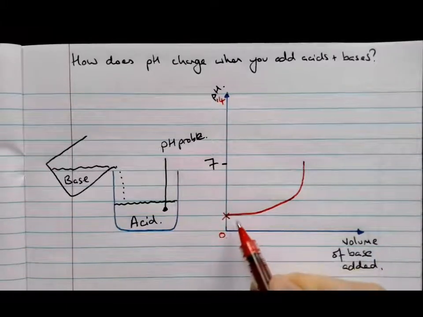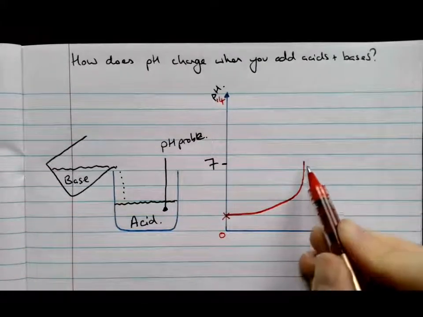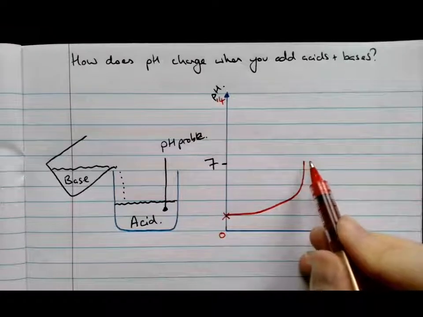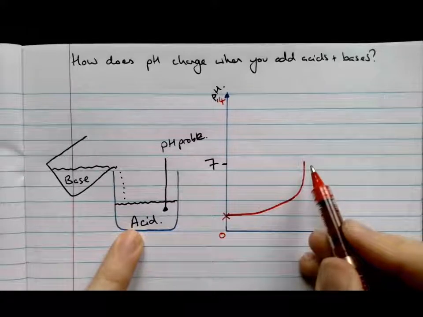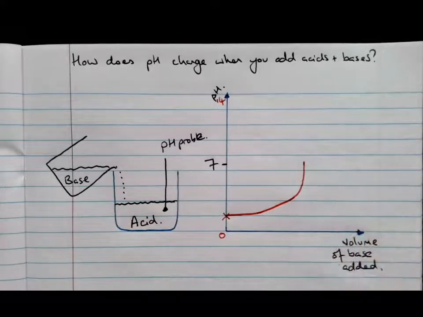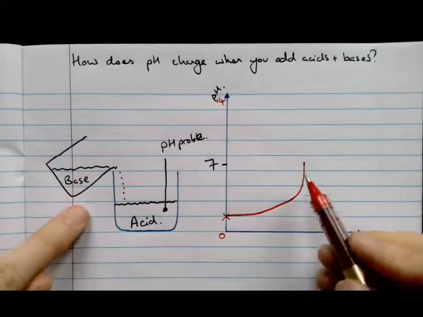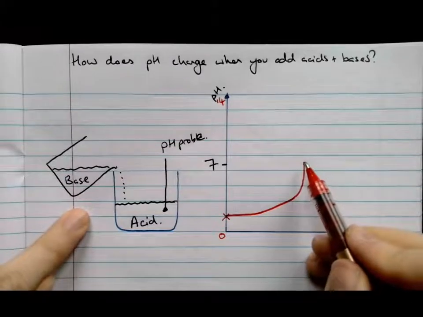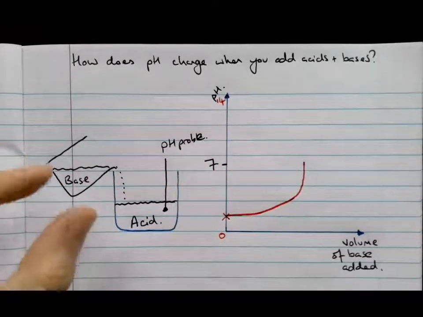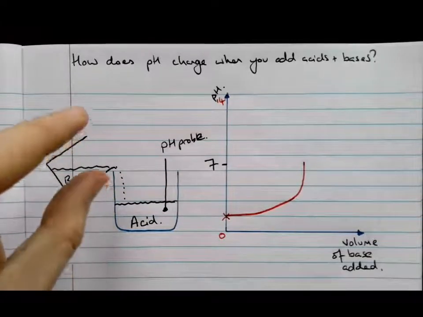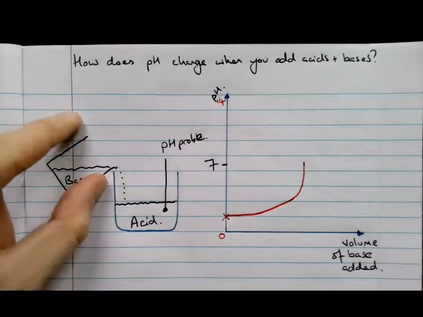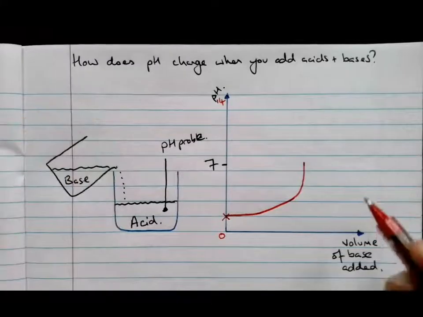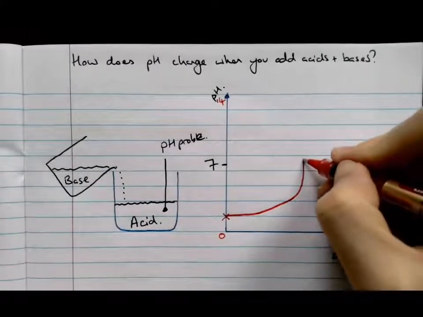So, once I've added a certain amount of base, I've neutralized all the acid, so there's no acid in here and there's no base, they've neutralized each other. Like in the reactions we just talked about, there's neither acid nor base, so the pH is 7. But then if I keep adding more base, what's going to happen to the pH then? If I add more base, and the pH of a base is above 7, then this is going to go up.